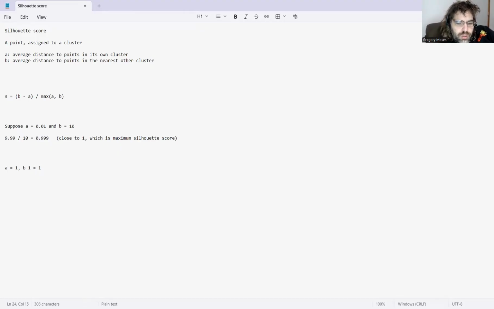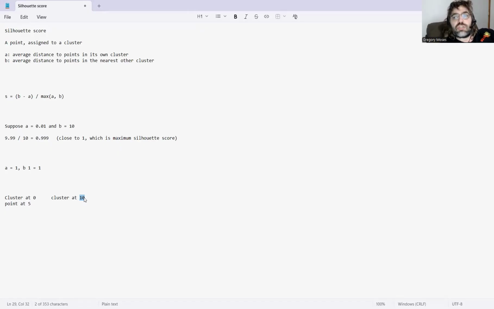Suppose we have a cluster at 0, and we have a cluster at 10, and then we have a point at 5. Well, this point has to be in one of these clusters, but it's equidistant from them.